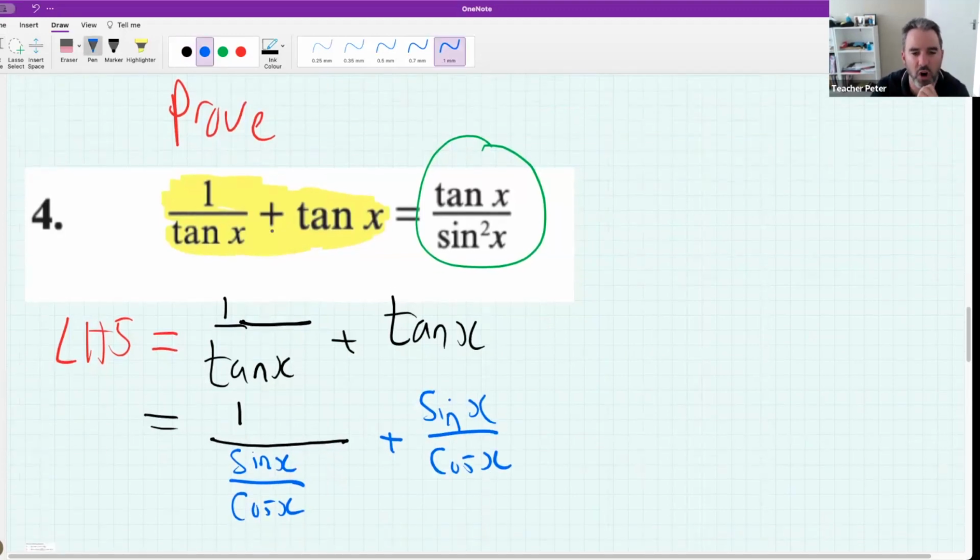Now, that's not too hard to do, but what I am a little bit worried about is dividing by a fraction looks a bit messy. Does somebody have something I could use that would help me clean this up a little bit? I want to clean this up.